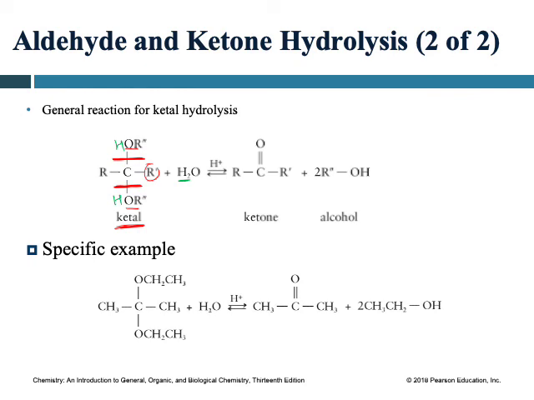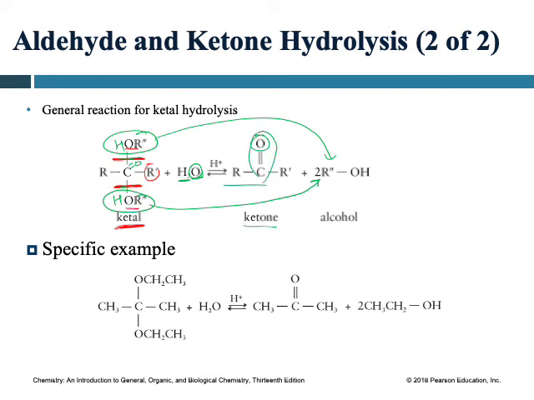So the hydrogen is coming from water. So now you're going to have two alcohol molecules. And the time you break this bond, you have to give two more bonds to this carbon. So that's why you have to put double bond O. This comes from the oxygen from the water, right? So you have a carbonyl group, and this is ketone, and this is alcohol, right?